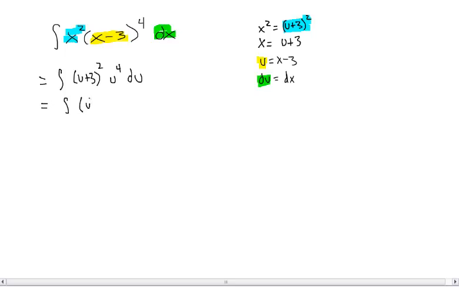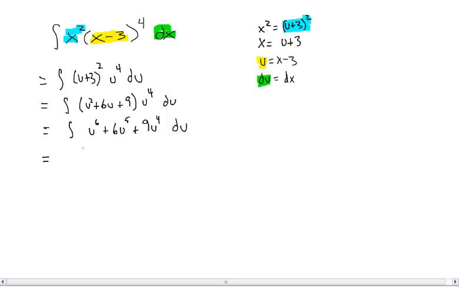So I have u squared plus 6u plus 9, times u to the fourth du. And now I'm going to distribute the u to the fourth. So I have the integral of u to the sixth plus 6u to the fifth plus 9u to the fourth du.